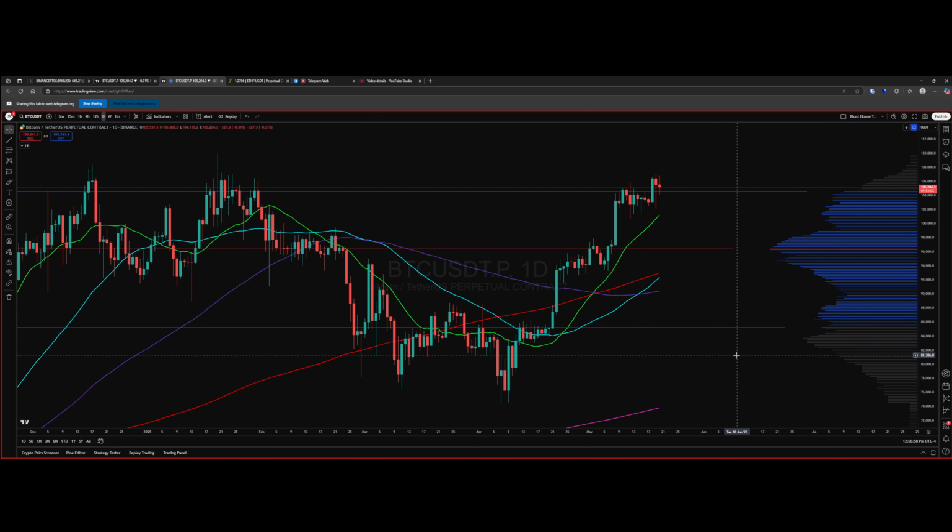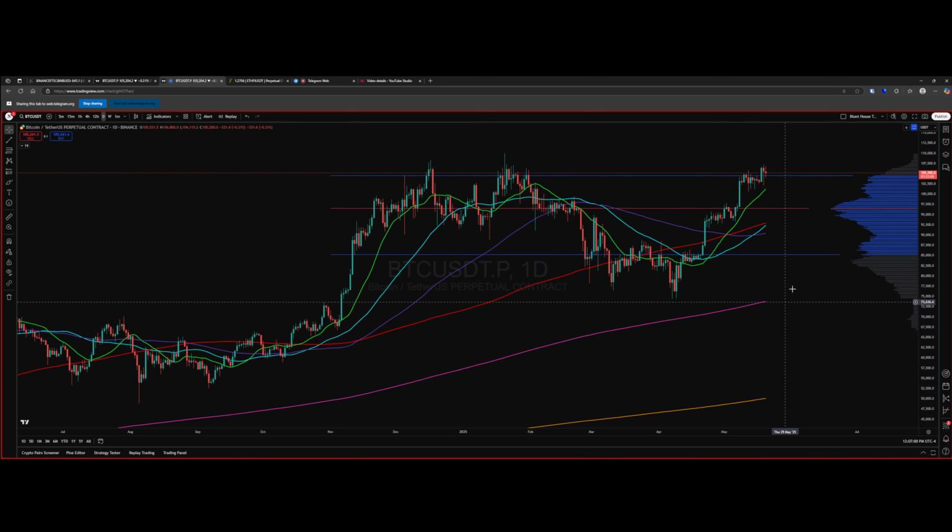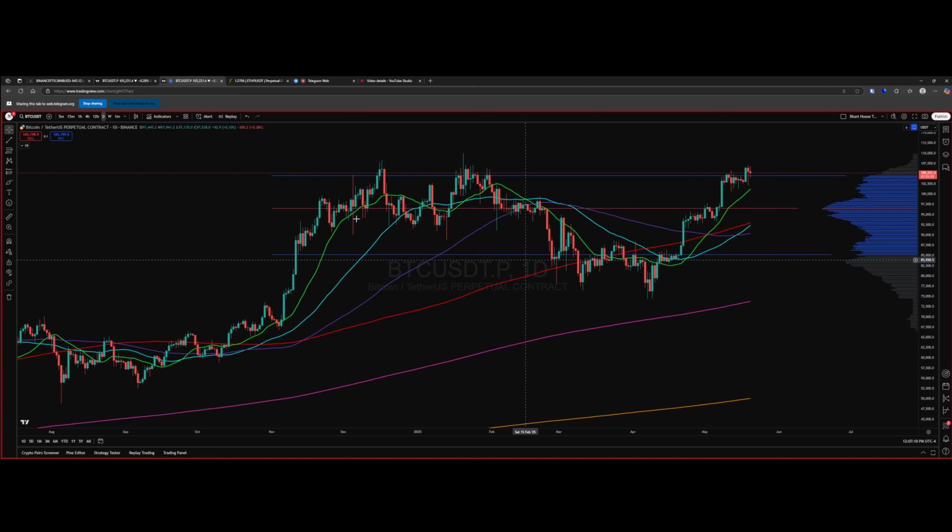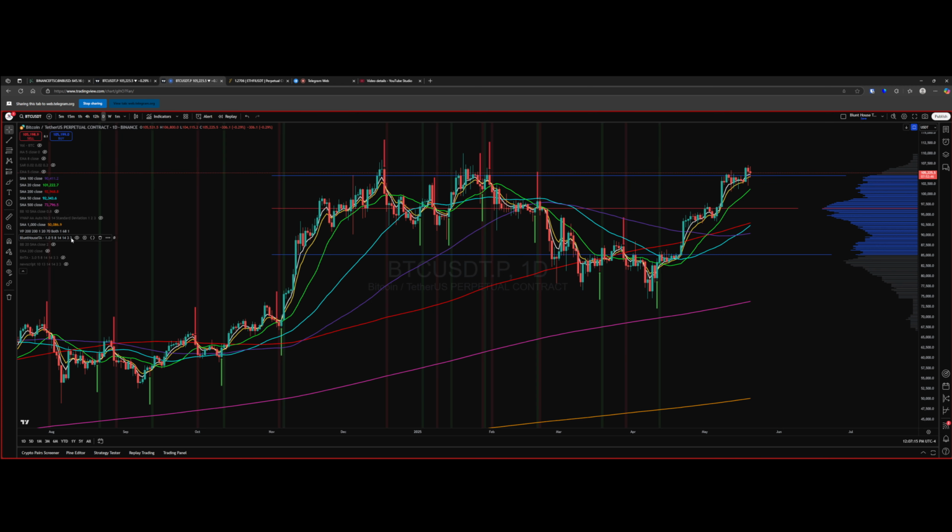We have a volume profile, and longer-term averages in the form of the 500 and the 1,000 way down here. It's a lot of stuff, right? And I also use my own indicator script, which helps guide me through trades and give me good entries, long and short.